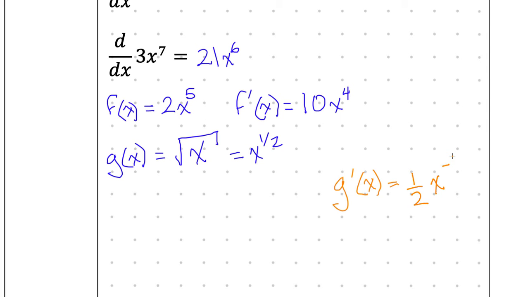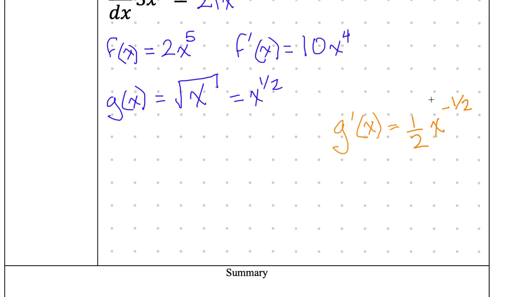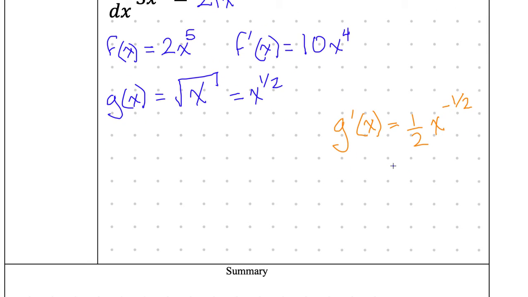But it's weird. I don't like negative exponents. How do I turn that into a positive exponent? This is now equal to 1 all over, that 2 is still in the denominator, and now the x is also in the denominator, and now the power is 1 half. And if you want to go even further, you can say this is 1 over 2 radical x.